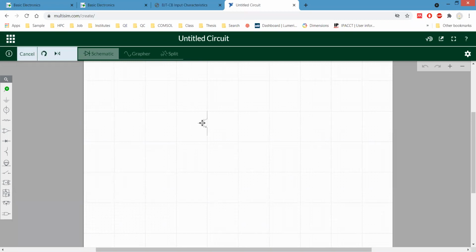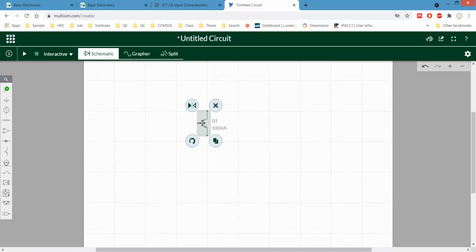Have you tried with NPN and PNP characteristics? From here, in Multisim, you can explore it. I think we have done all those things with the NPN one, so you can try what the nature will be for PNP. All those variations are here. If you have not done it, then you can do it.